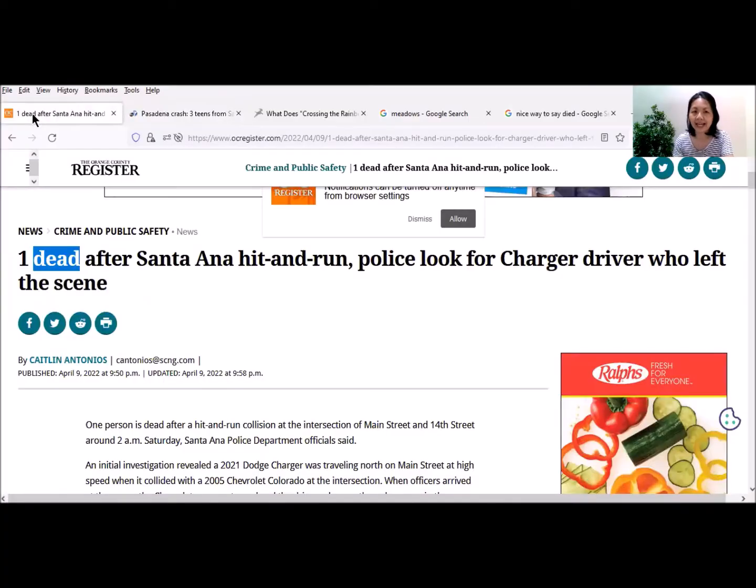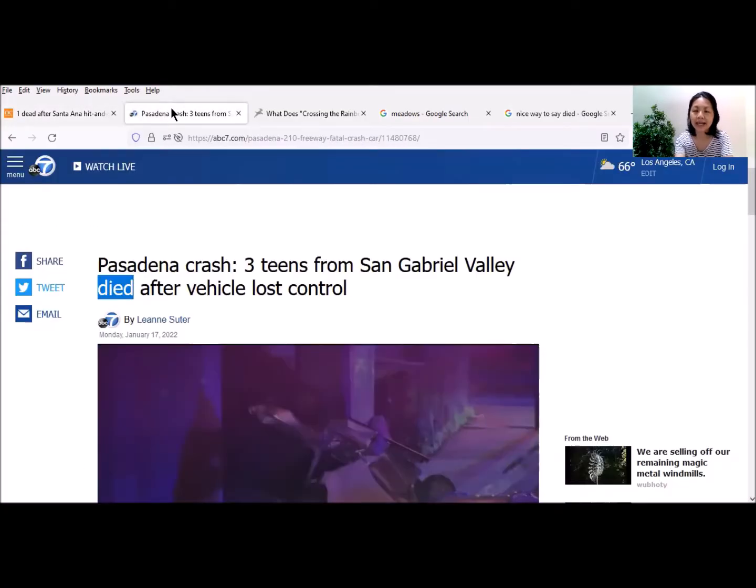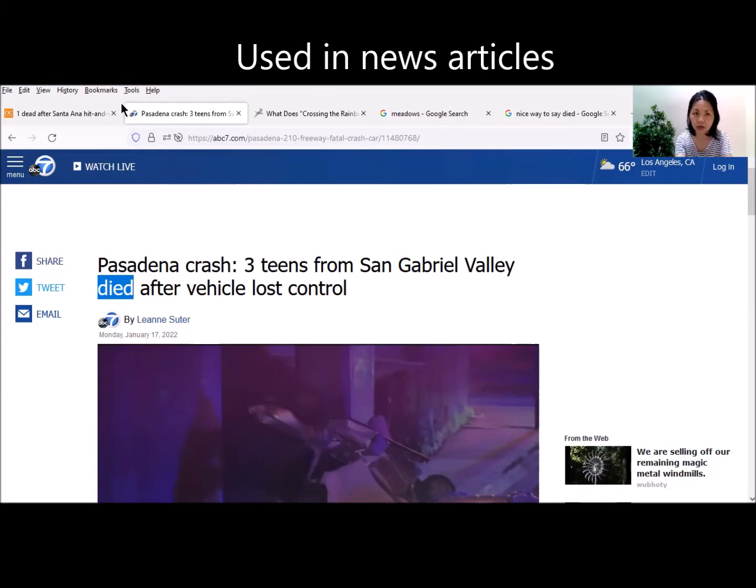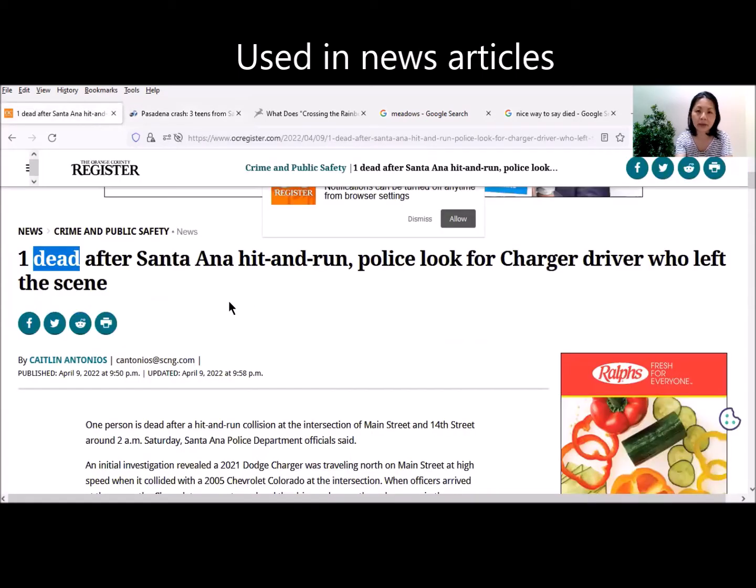The word dead or died is typically used in the news. So in these two examples here, this is a news headline. It says 3 teens from San Gabriel Valley died after vehicle lost control. Same thing with this one, a news headline: 1 dead after Santa Ana hit and run.